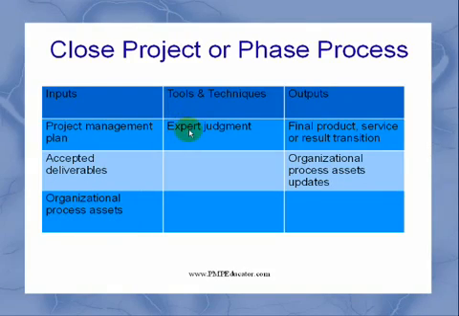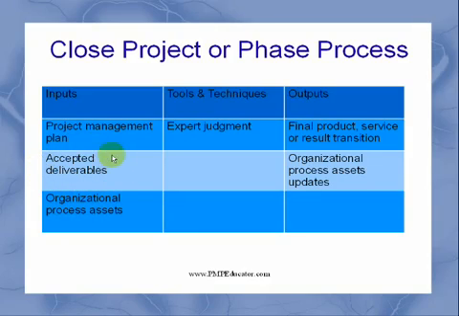The tool and technique used for this process is expert judgment, and the outputs of this process are final product, service, or result transition, and the organization process asset updates. So basically, the key inputs are project management plan and the acceptable deliverables.